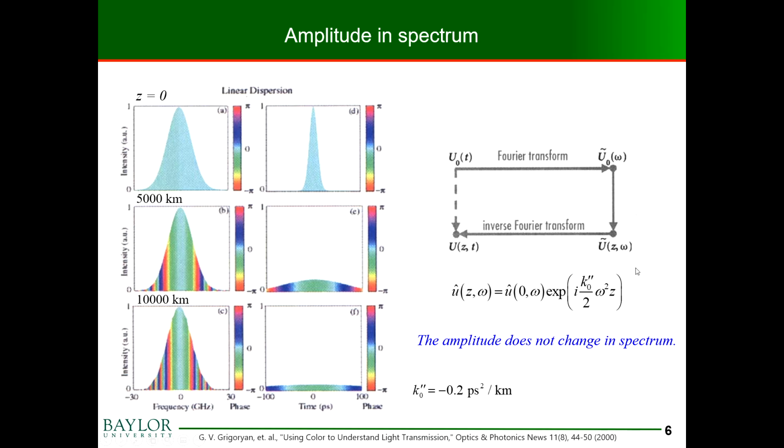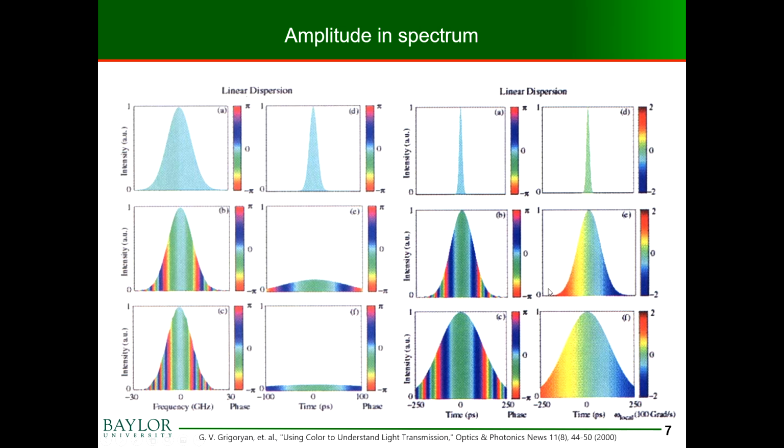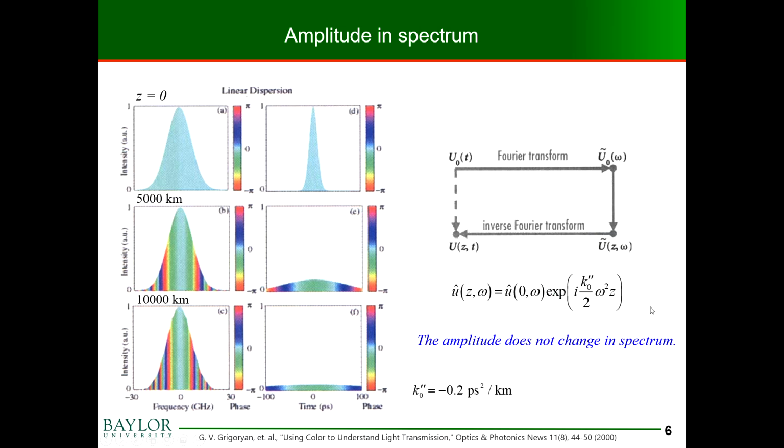Because if I take an absolute square, the amplitude is the same. That's why the amplitude does not change; what changed is the phase, this color bar. But in the time domain, it changes both the amplitude and the phase.